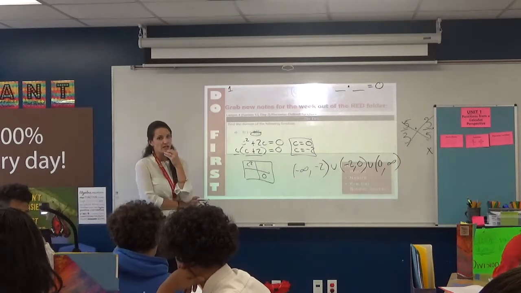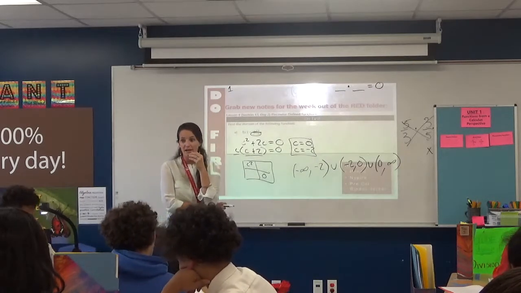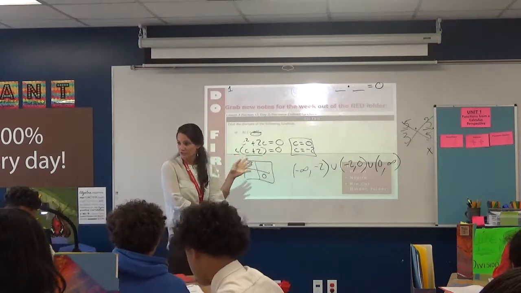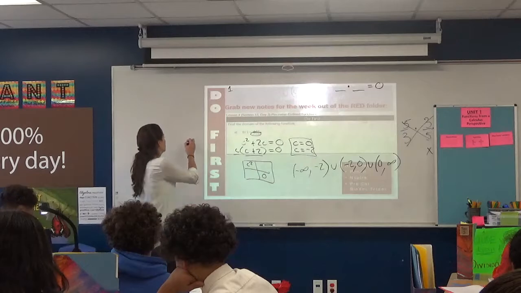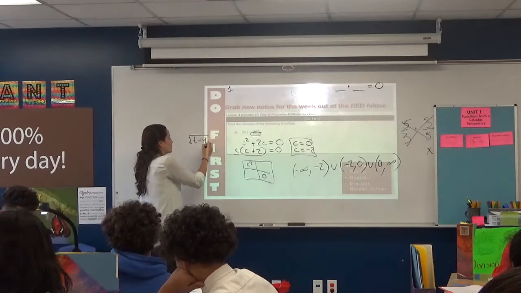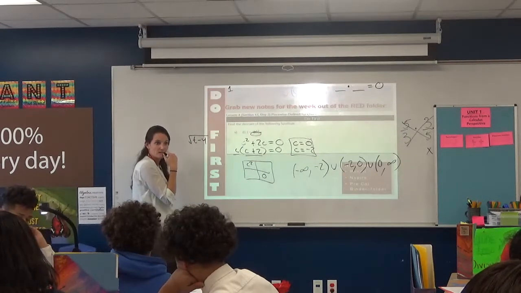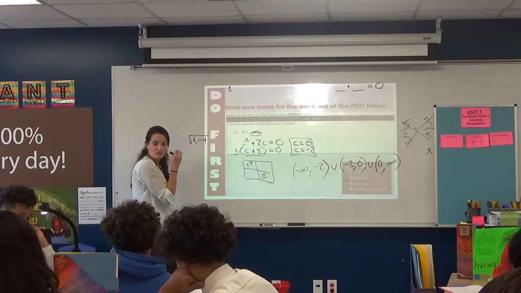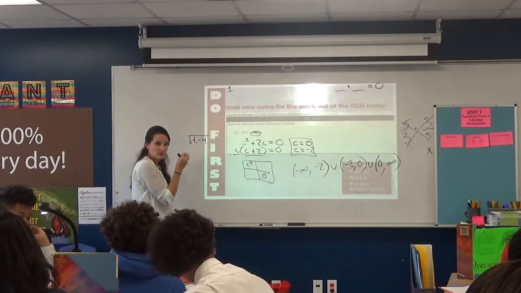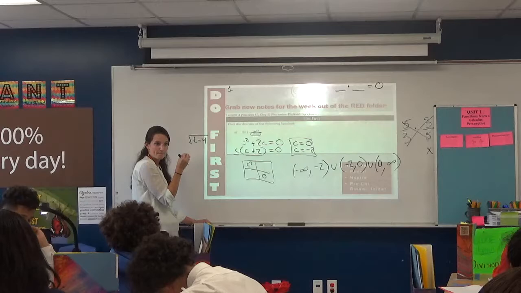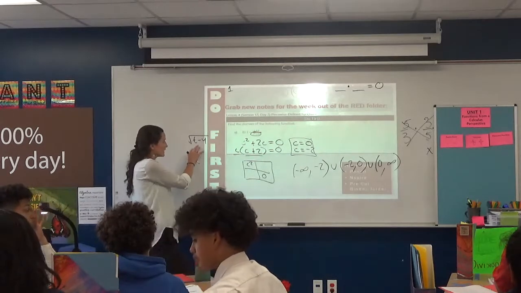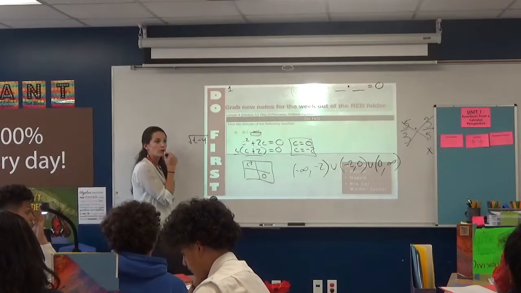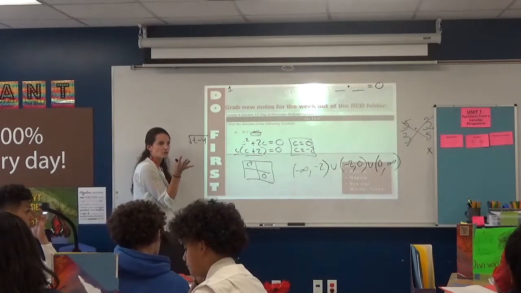Now, depending on different cases, you might not want all real numbers except for one number. Quick note, if this was our function, we're not worried about 0 on the bottom because there's no division.